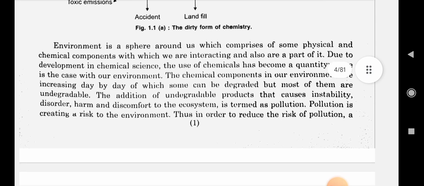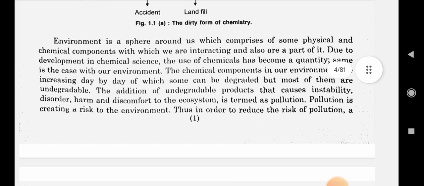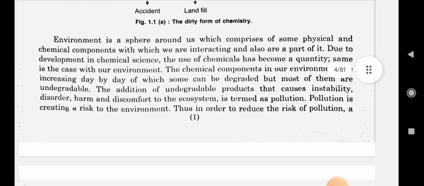Environment is a sphere around us which comprises some physical and chemical components with which we are interacting and of which we are also a part. Due to the development of chemical science, the use of chemicals has increased in quantity. The same is the case with our environment. The chemical components in our environment are increasing day by day, of which some can be degraded, but most of them are undegradable.